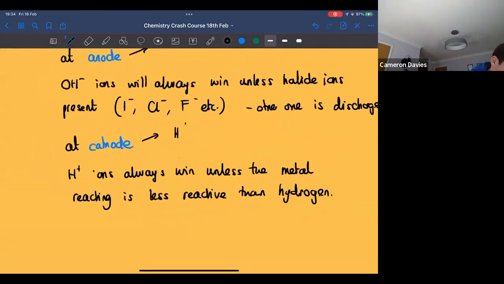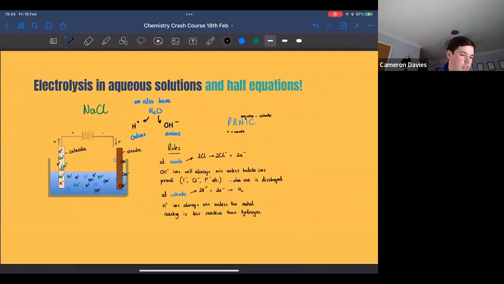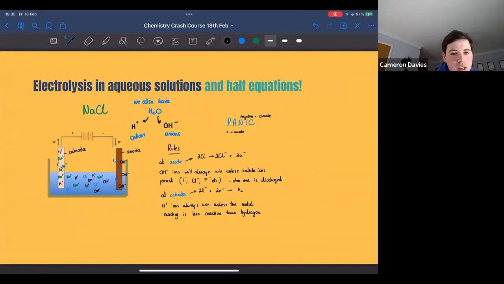So we have 2 H plus ions, and they take 2 electrons to produce H2, because hydrogen is diatomic. And that is the electrolysis of aqueous solutions. I'll give you 30 seconds just to get anything down that you missed.